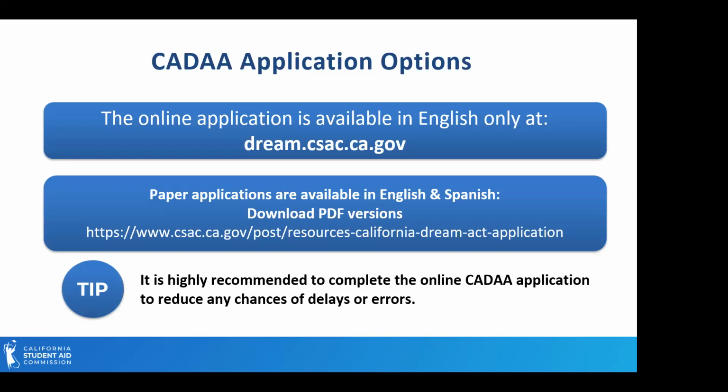One thing we do say is it's highly recommended to complete the online application, as it will reduce any chances of delays or errors. But if you download, say, the Spanish application, you can then take that information and input it into the online system.